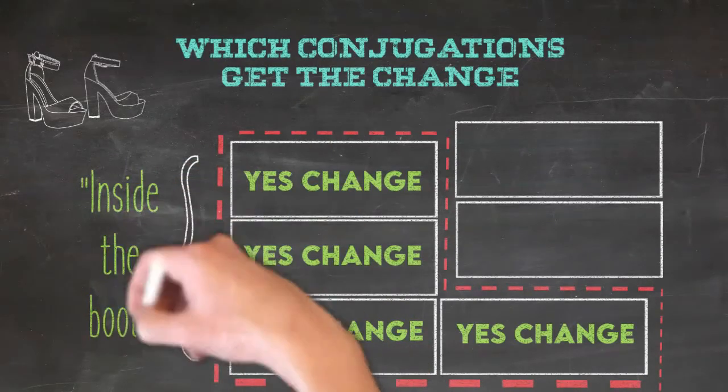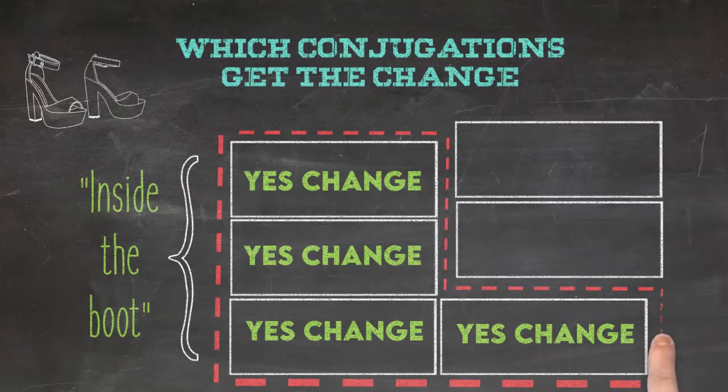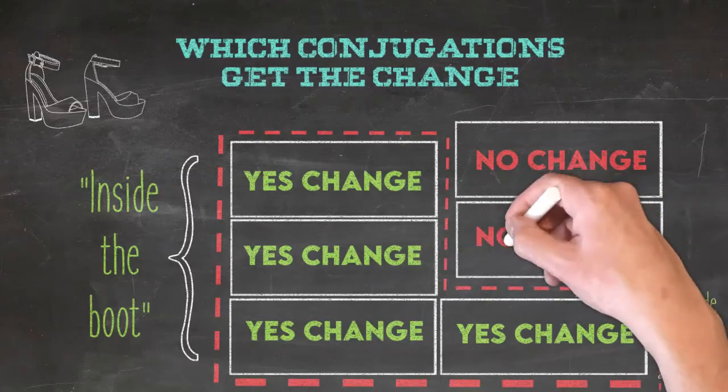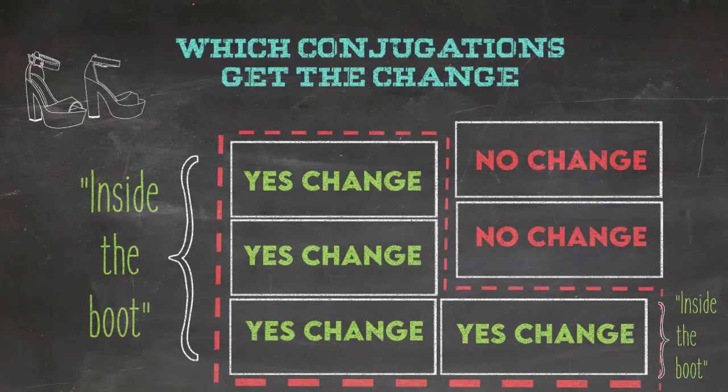We call this inside the boot. However, outside the boot, nosotros and vosotros, we do not make a spelling change. We treat the verb just like we have all year long, for regular conjugations.